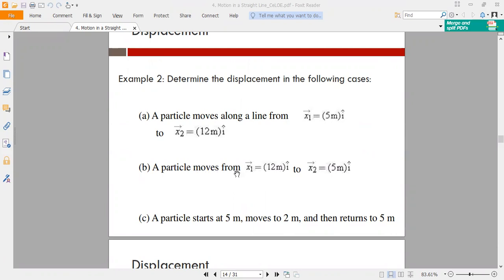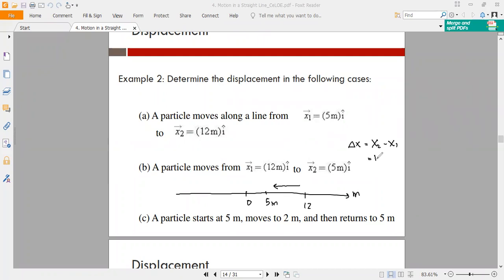Okay, and this is from 12 to 5. So if we have like Cartesian, so this is 0, and a particle is moved from 12 meter to 5 meter. So it moved to the right. Yeah, you can just simply subtract. Delta x is equal to x2 minus x1.